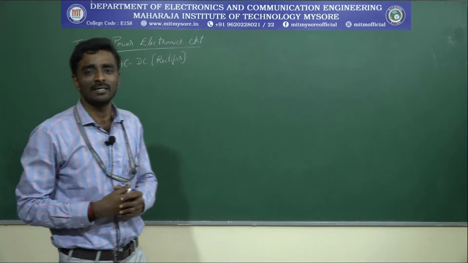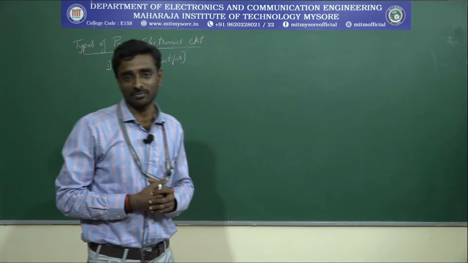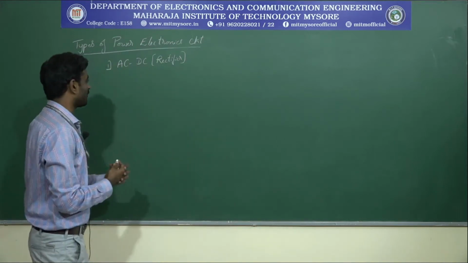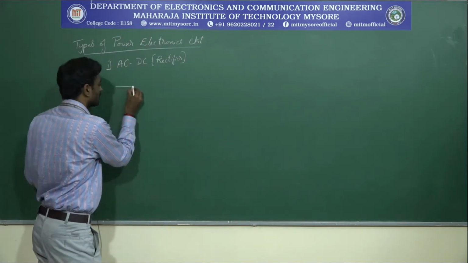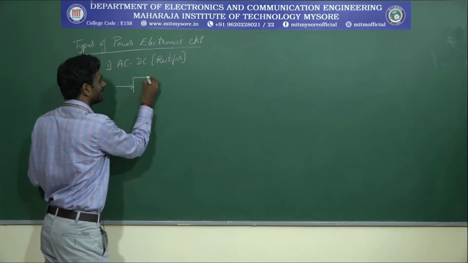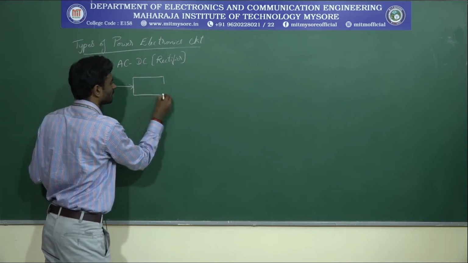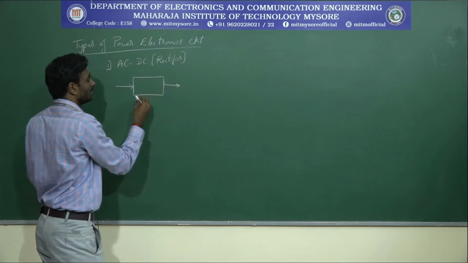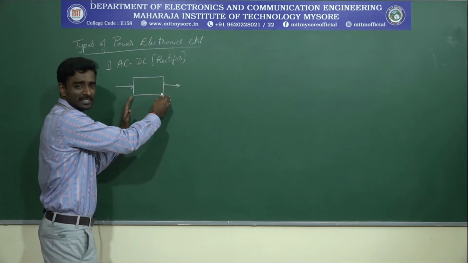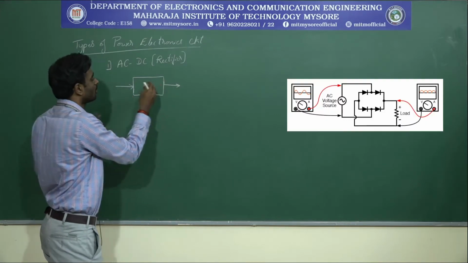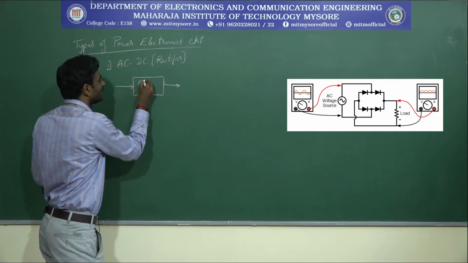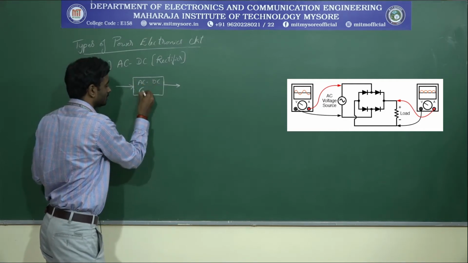Let's start with the detailed explanation of the rectifier. If you consider a rectifier circuit, I will take a block diagram of this rectifier, where I will be using a rectifier circuit in the middle of the box, consisting of an AC to DC converter.